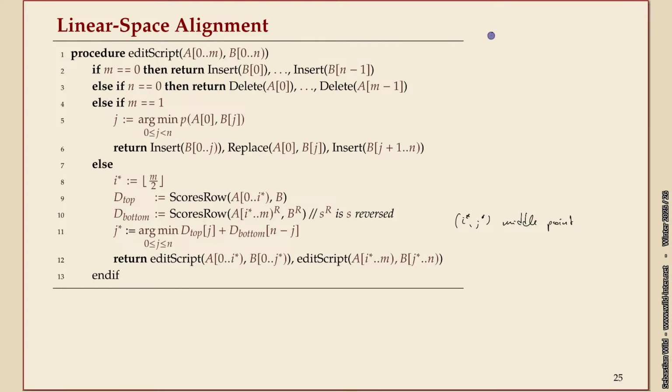Again, really think of it visually in this graph of points. You have the 0, 0 up here and the m, n down there. Somewhere in the middle there's your i star, j star. And then it's the best path from here to here and the best path from here to here.